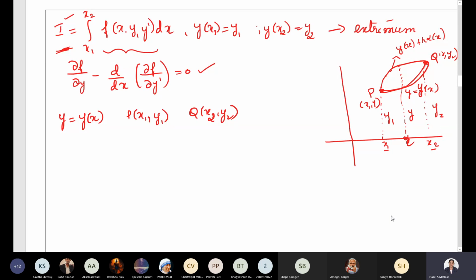Now we consider one more curve. I take that as y equal to y of x plus h times alpha of x.